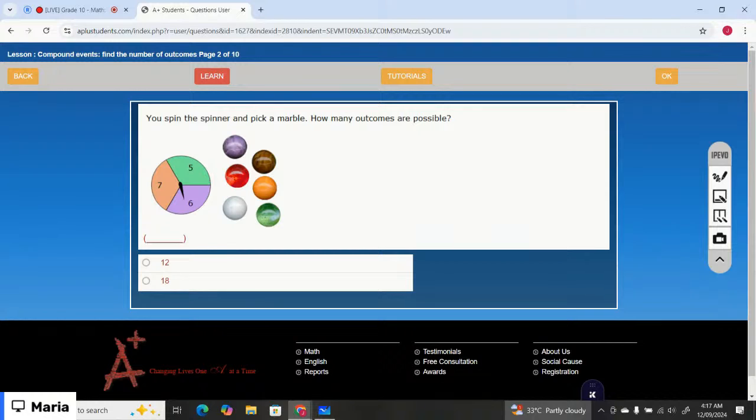You have 3 outcomes for the spinner and 6 outcomes for the marble.